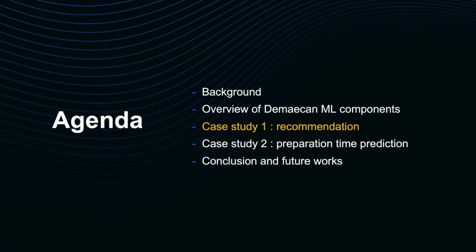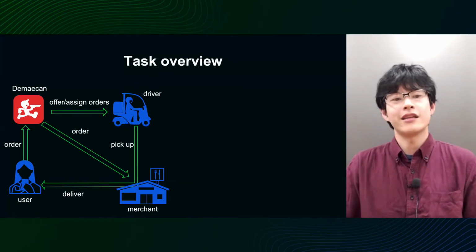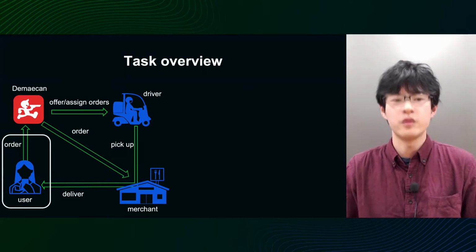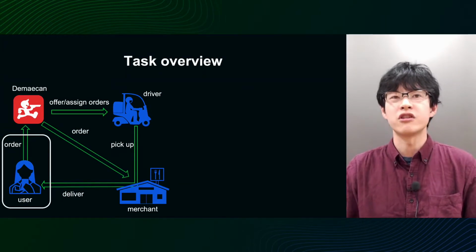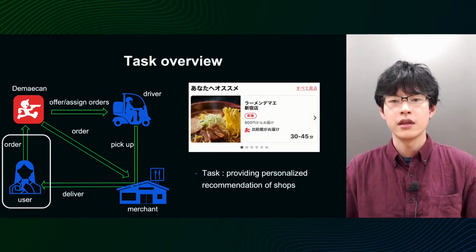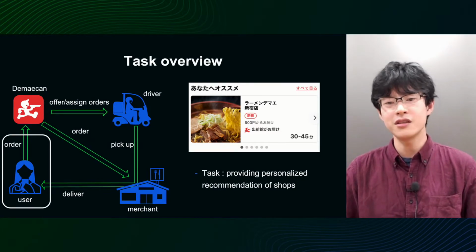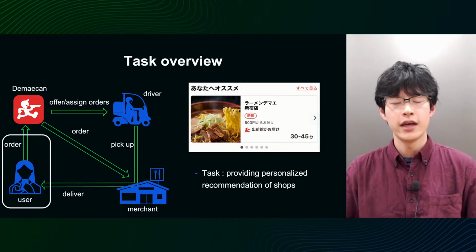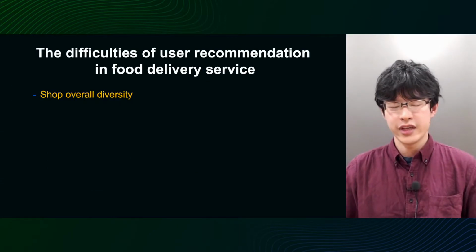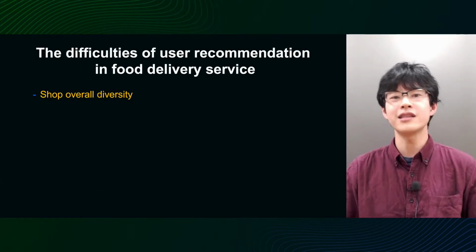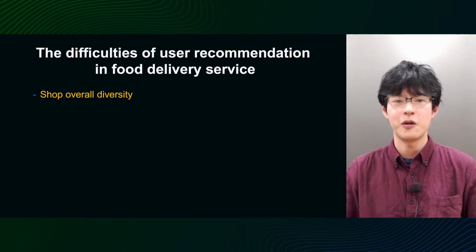Case Study 1. Recommendation for the users to decide on their order. The task was to present a personalized list of recommended merchants reflecting her preferences. This task entails a challenge of 2 types of diversity.